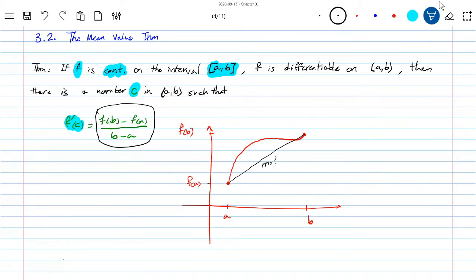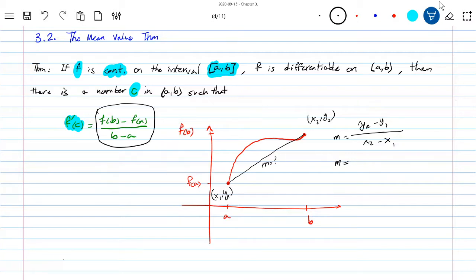How do you calculate the slope? You find the two coordinates, x1, y1 and x2, y2, and you take the difference between the y's divided by the difference in the x's. Right? So y2 minus y1 divided by x2 minus x1. This would be the slope of that line.